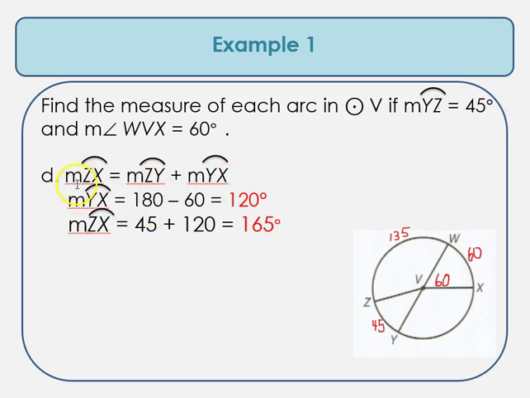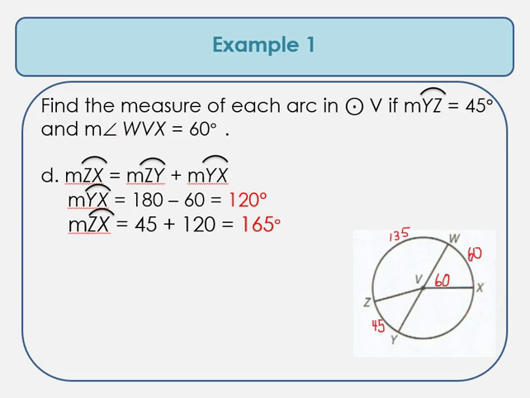And for the last part, we're going to solve for ZX, starting to get dyslexia here. And we know that it's the measure of ZY plus YX, and to solve for YX, they're saying 180 minus 60, which is what I was talking about on the last step.